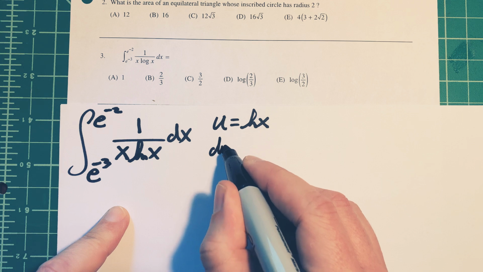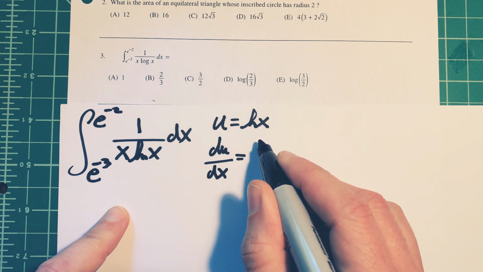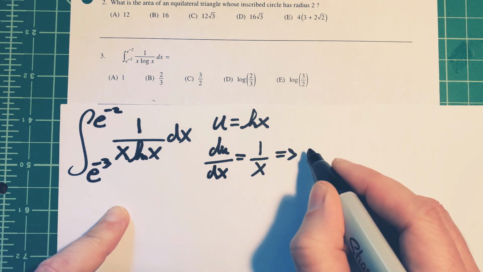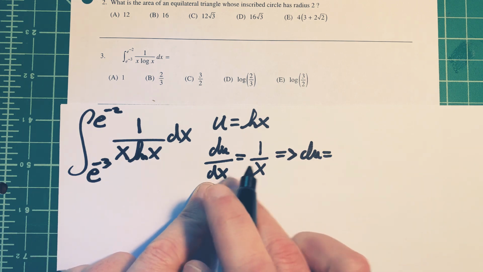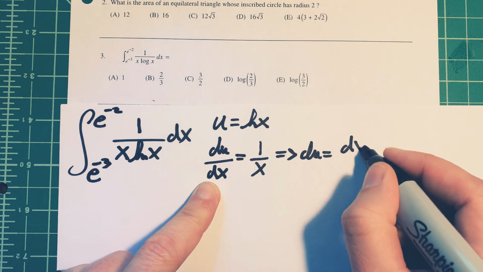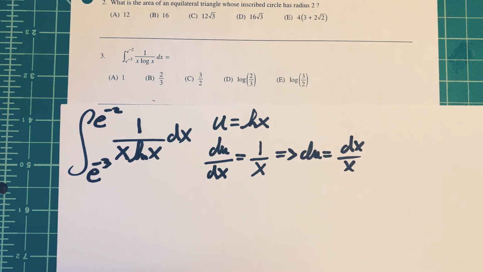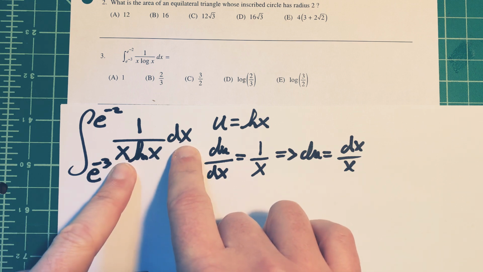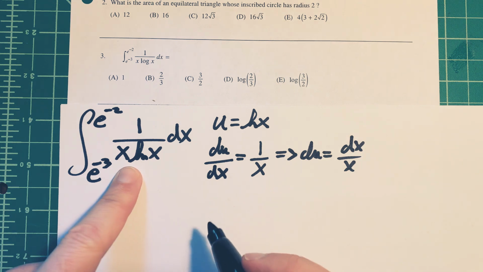So du/dx equals 1 over x, okay? So that implies that du equals, if we multiply both sides by dx, dx over x. And that's what we have in this problem. We have dx over x. So that's exactly what we needed to do, okay?